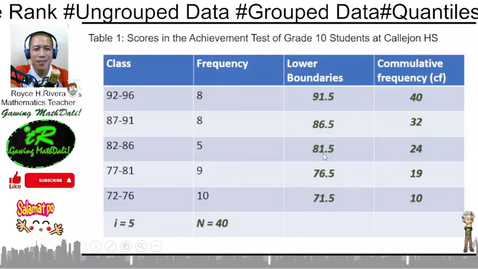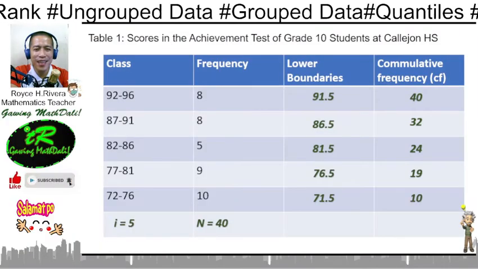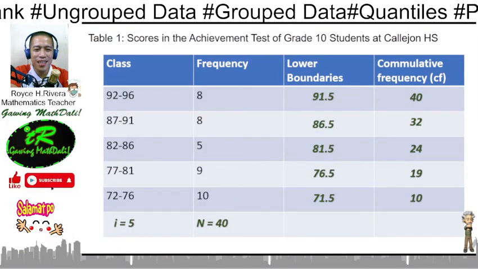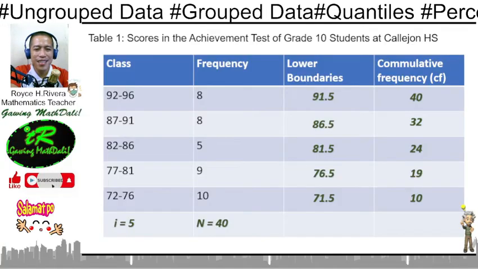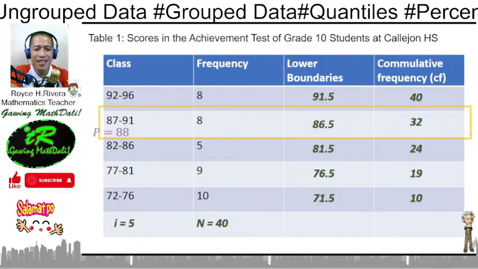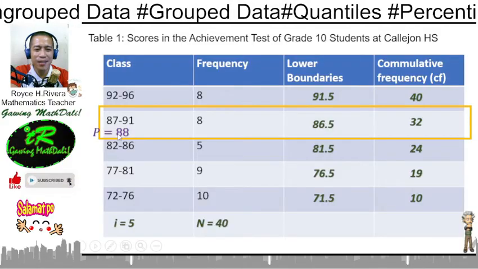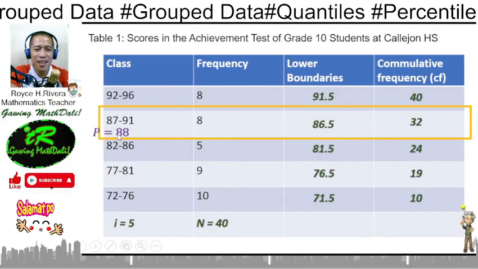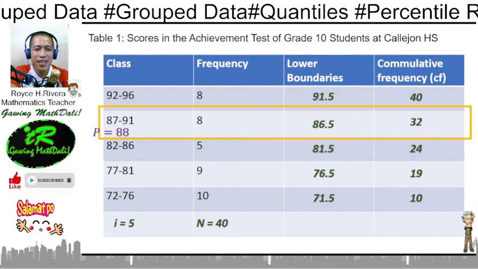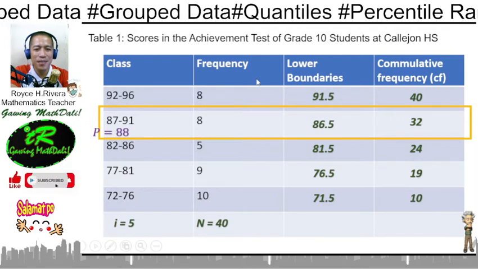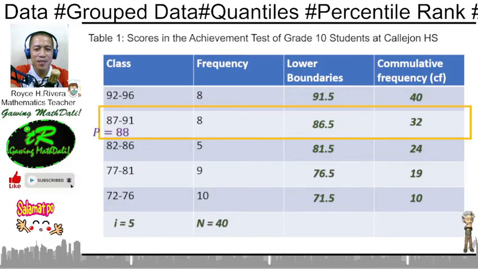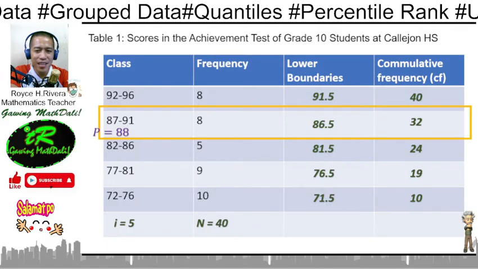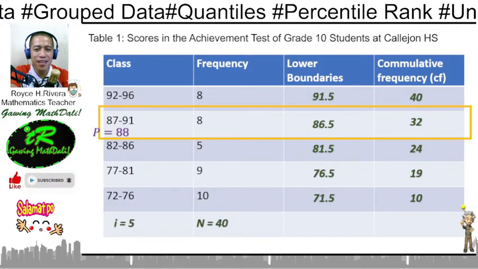From the given table, we need to identify the class in which the score 88 belongs. And the score 88 belongs to the class 87 to 91. From here, we will get the value of each variable in the formula.